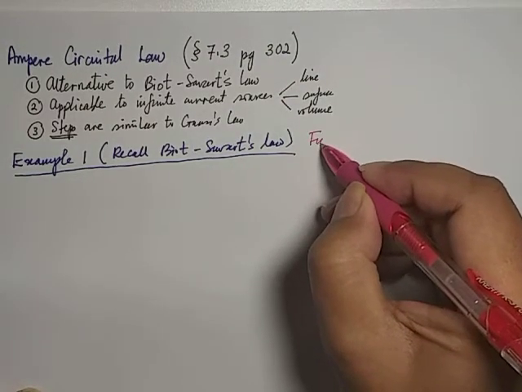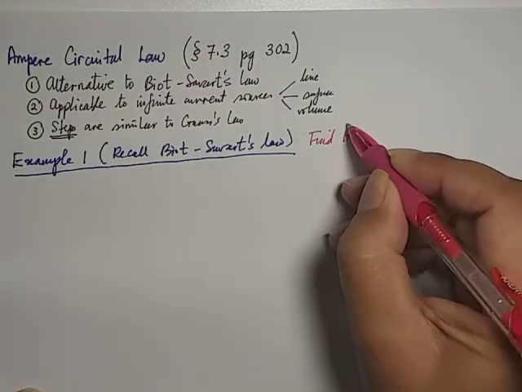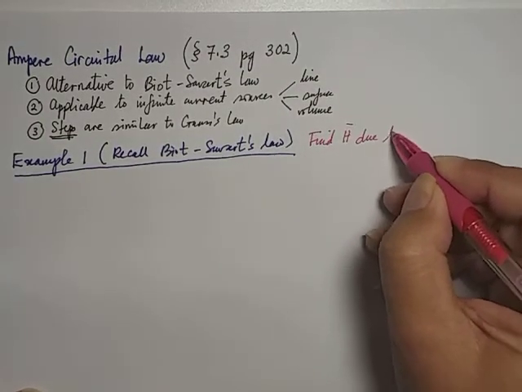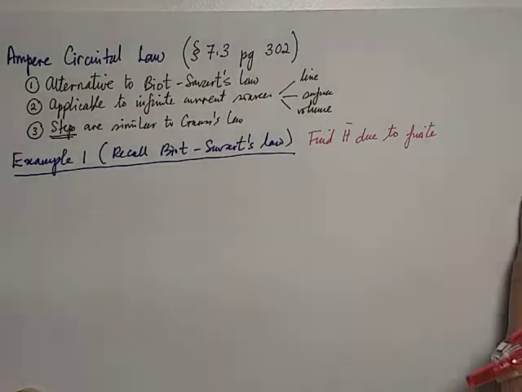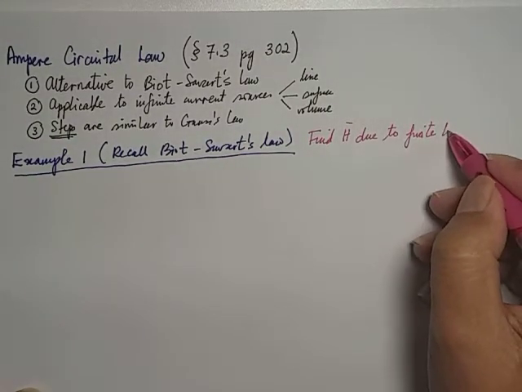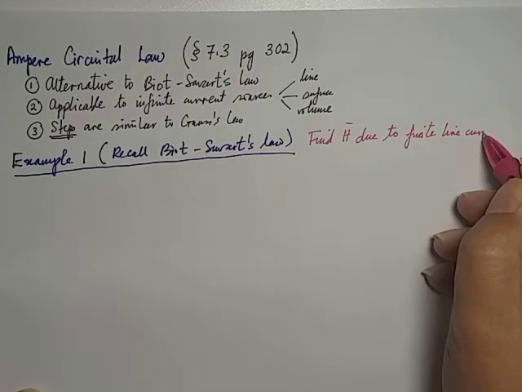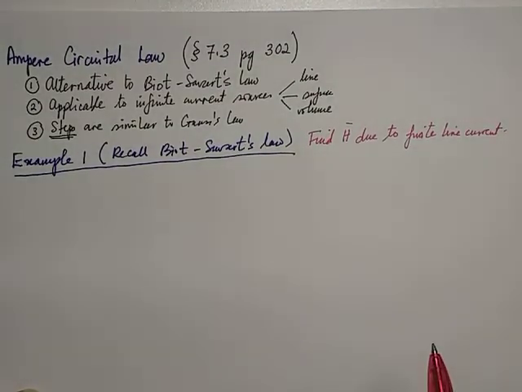The problem asks us in example 1 to find H due to a finite line current, correct? That should be example 1 of our Biot-Savart law that we solved together.